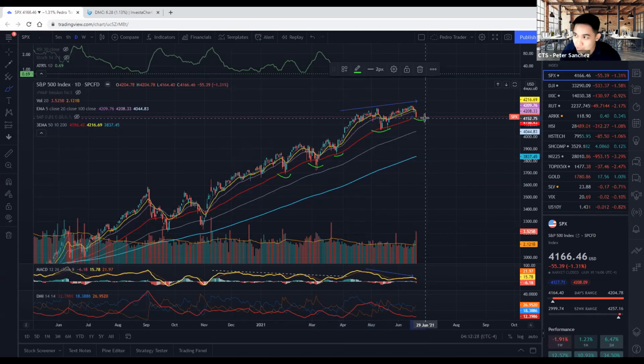And ngayon, nasa 50-day siya. Since it respected the 50-day previously, I would expect na i-respect pa rin niya ngayon. Ito yung possible sasabihin ng nagtanong, kung nagkakaiba yung indicators, ito saying na possible divergence and yet 50 days saying na possible support.